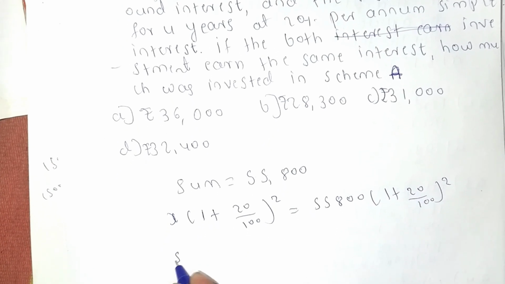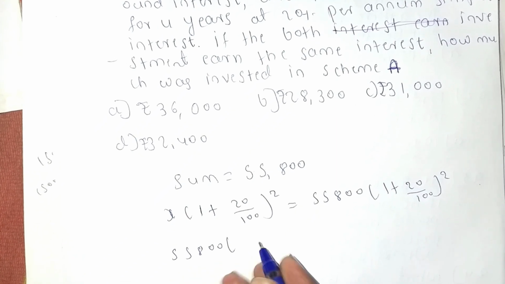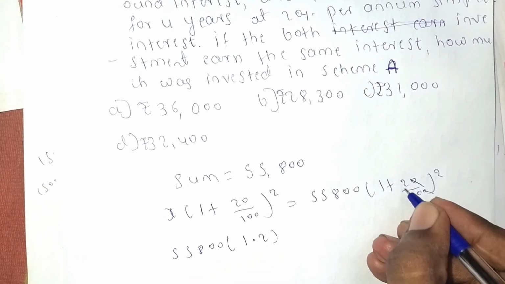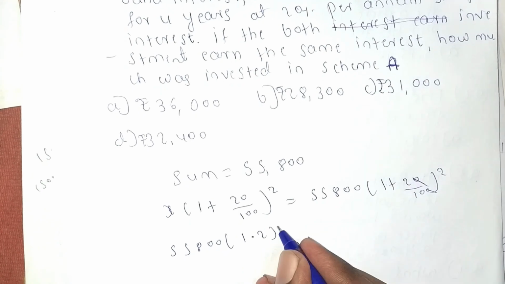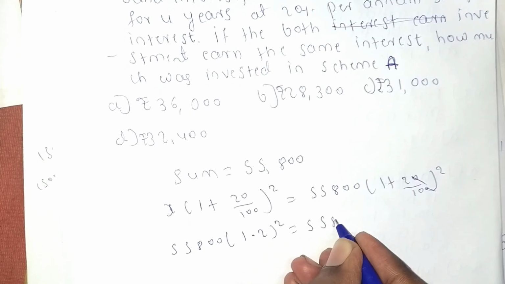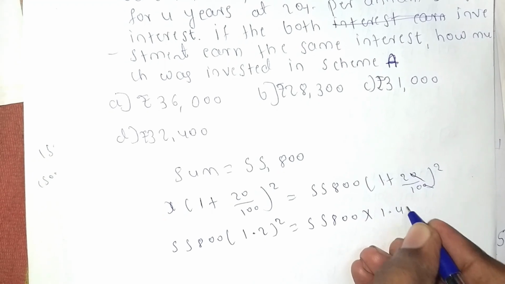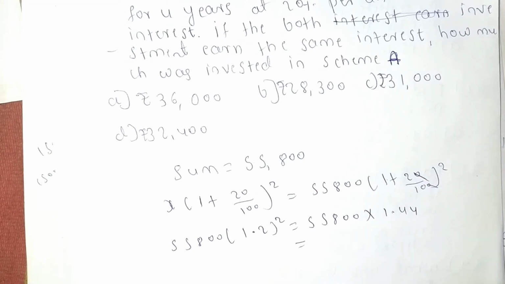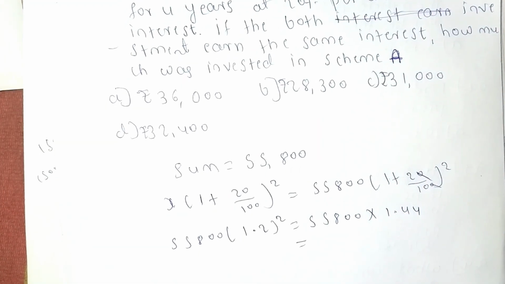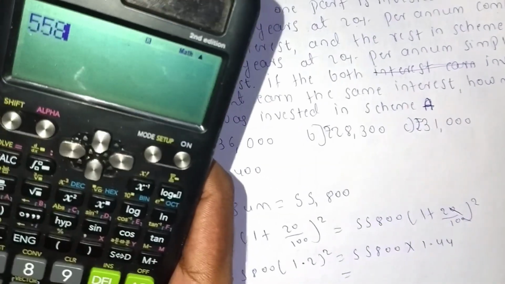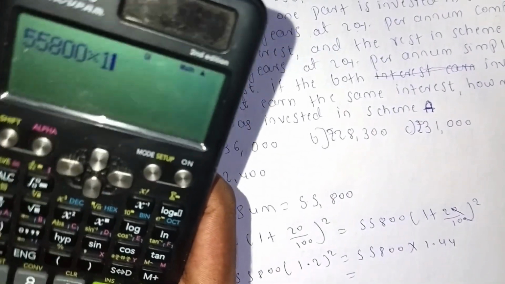So 55,800 into 1 plus 20 divided by 100 whole square, that is 1.2 whole square. 55,800 into 1.2 into 1.2 is 1.44, so we have to calculate that here.